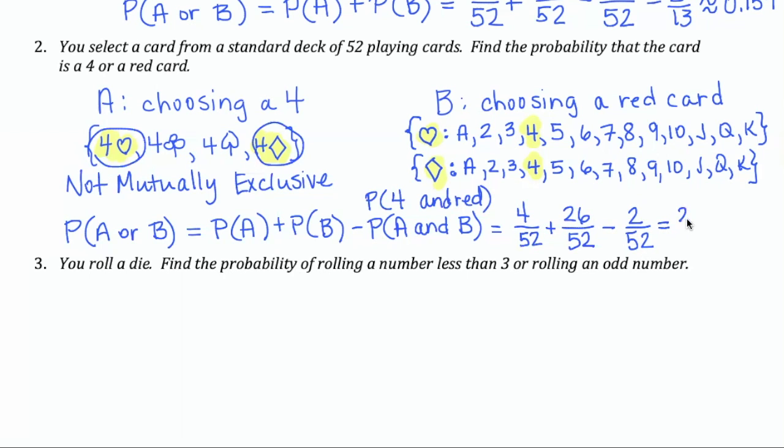Take away 2 is 28 out of 52, which does reduce to 7 over 13. And using a calculator, we get the decimal 0.538. So there's decent chances that you will get a 4 or a red card, and that's simply because there are so many red cards.